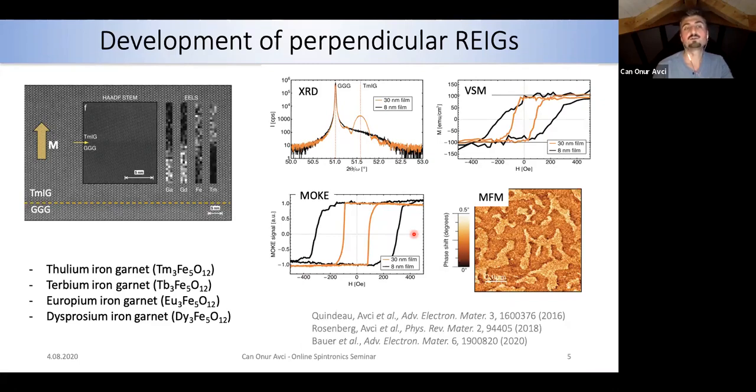Therefore, I have a strong belief that if you have a rare earth rich interface, that would potentially give rise to a large DMI. But that needs to be tested, of course. That's my experimental feeling. Unfortunately, we don't have that much good control of the interface at this desired level.